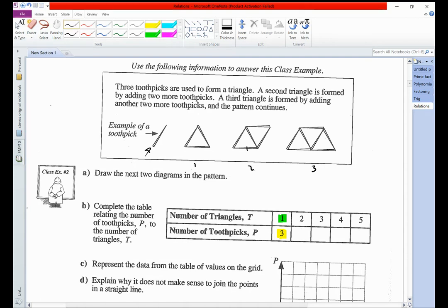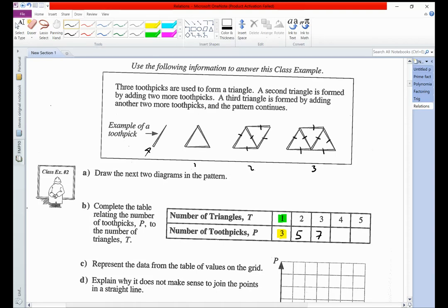Well, we have 1, 2, 3, 4, 5. And then how many does it take to make 3 triangles? 1, 2, 3, 4, 5, 6, 7. Awesome.